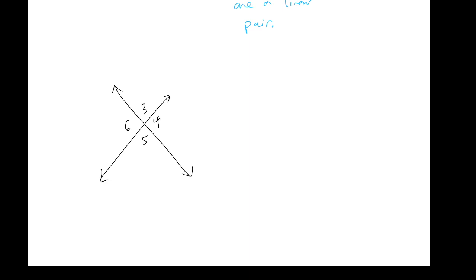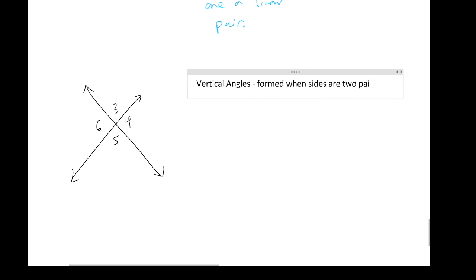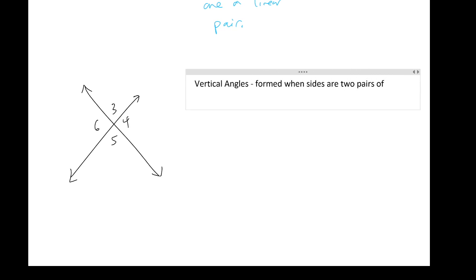Okay, next is the following relationship. All right, these guys are called vertical angles. And these are formed when the sides are two pairs of opposite rays. They are non-adjacent, but they're congruent.